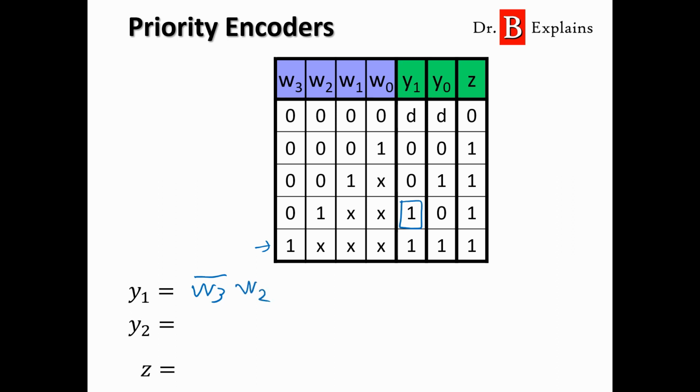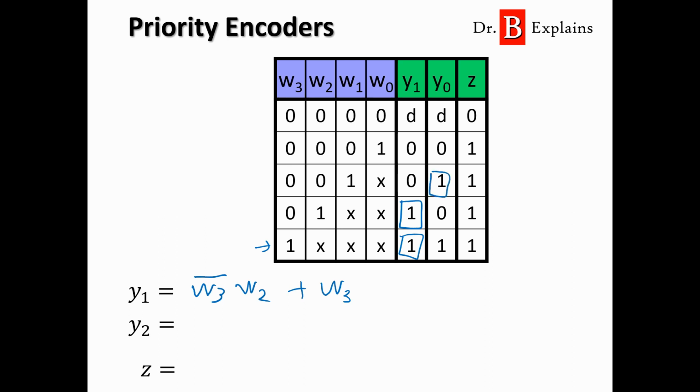After that, we don't care about the variable, so we don't add it. What about the other case that is also going to be a 1, Y1? So we have or W3. When W3 is a 1, we don't care about the rest, Y1 is also going to be a 1.